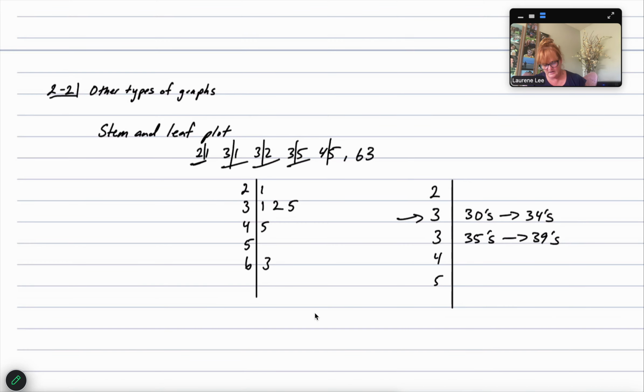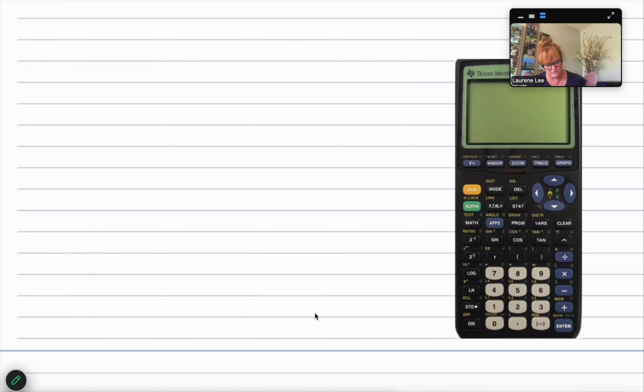On your TI, you are going to hit stat, remember? And then you're going to select edit. And it'll take you to entering data lists. And remember the way you clear a list: go up to L1 using your arrow buttons, highlight L1, then click clear and the down button.